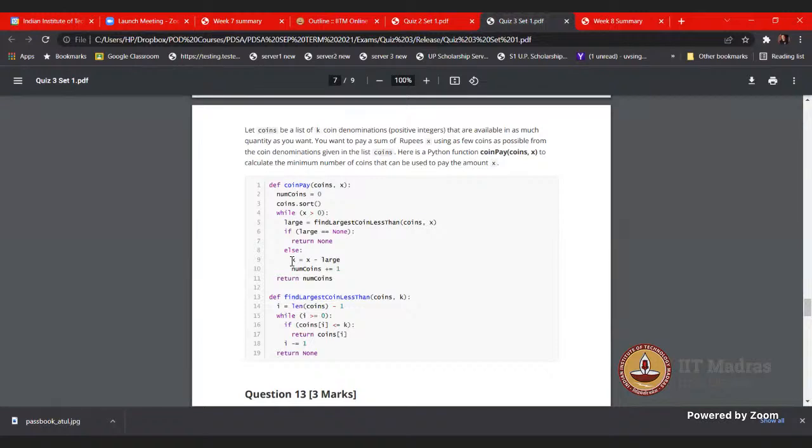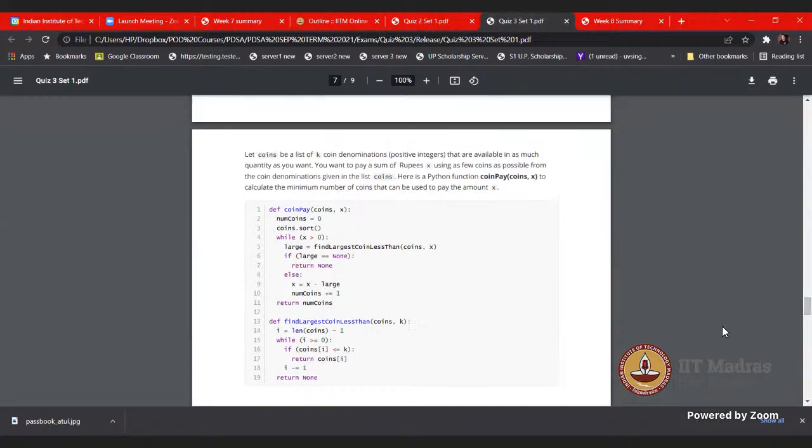We solve the sub-problem first, store the result of the sub-problem, and then use this stored result to further solve the problem. Okay, we will just revise this week 9 content once again then.